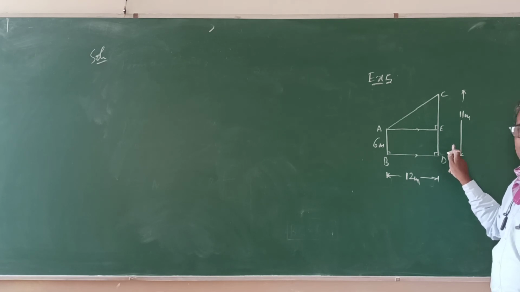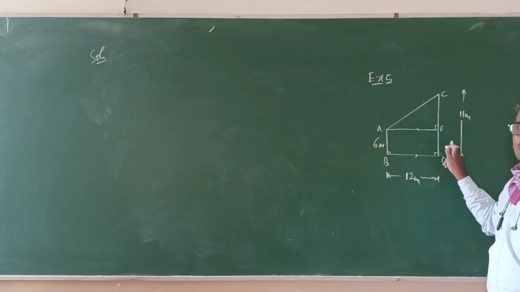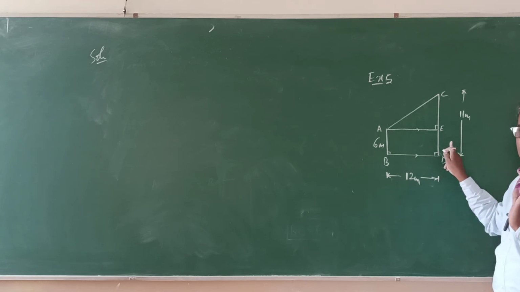Two parallel lines: if one is perpendicular to a line, the other must also be perpendicular to the same line. This is a very important property.